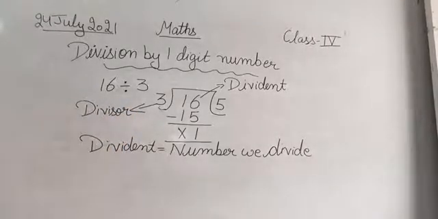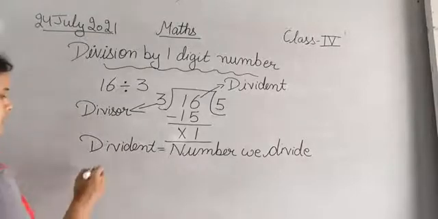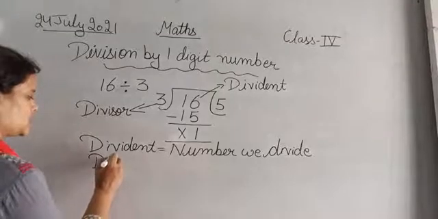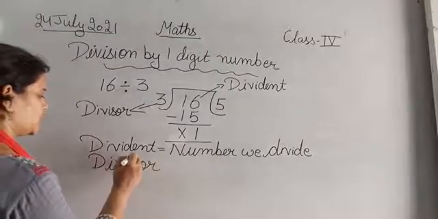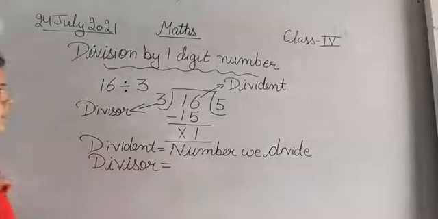So the number by which we divide is called the divisor. Okay, so the divisor is the number by which we divide.